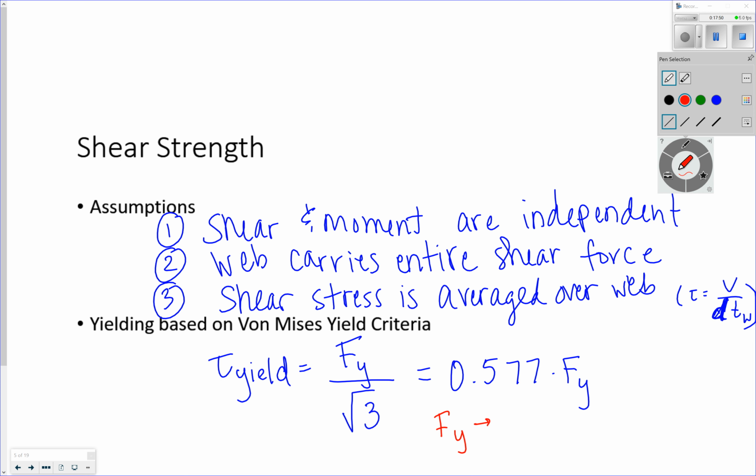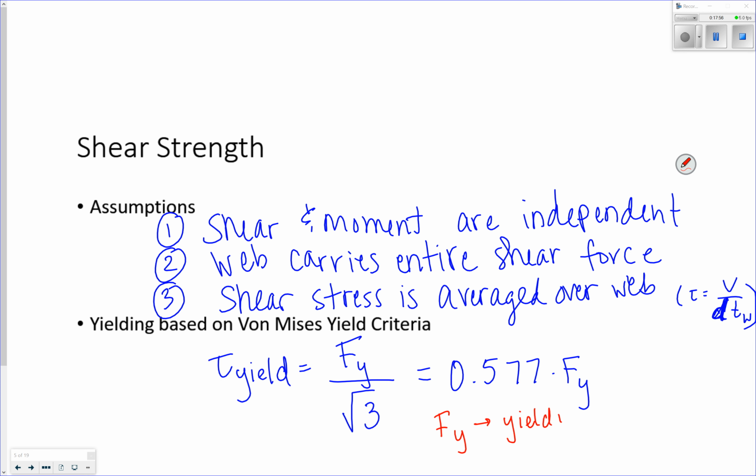Fy is my yielding normal stress, sigma y. Again, that's like 50 ksi, often for A992 steel.